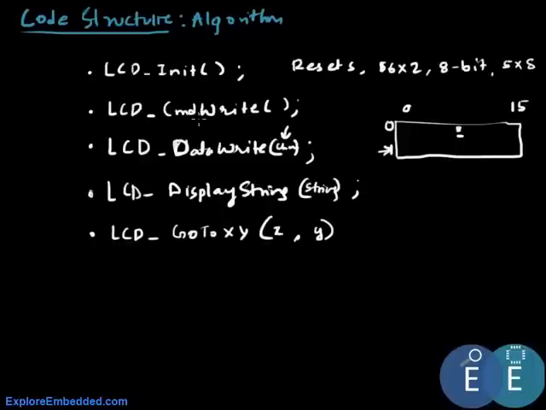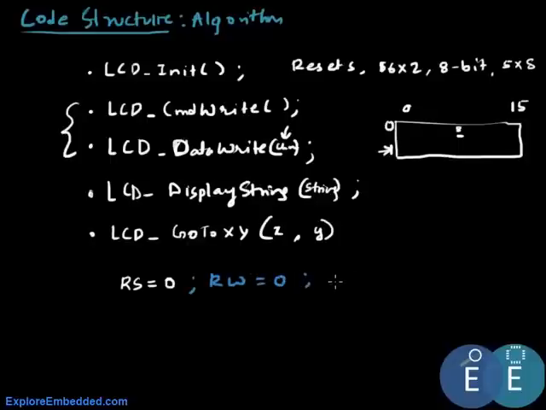Now let us look at lcd data write and lcd command write. These two commands are used by all the other commands in the library, if you look at the structure, to do all the functions. Now lcd command write is pretty simple. Since we are writing a command, we set register select as 0. Read write, since we are writing, becomes 0.